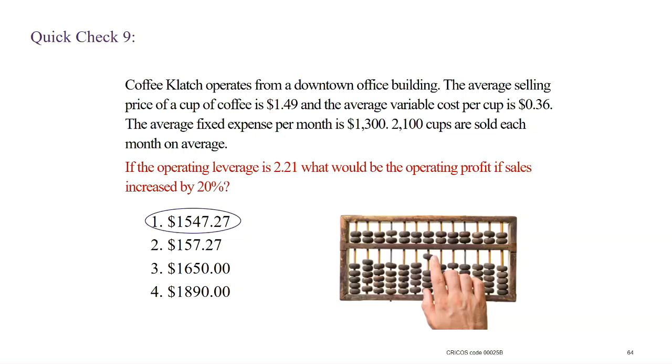First, you have to use 2.21 multiplied by 20%. Yep, so we know that there's a 44.2% increase in profit. So we know this is our profit. And you're saying we just multiply that by 1.442. Great.